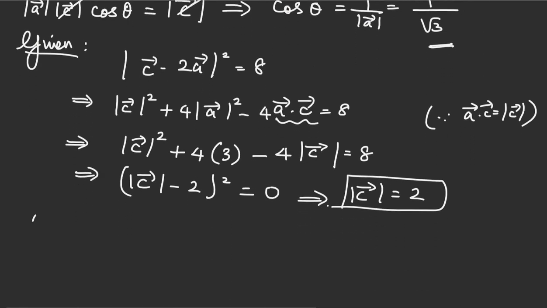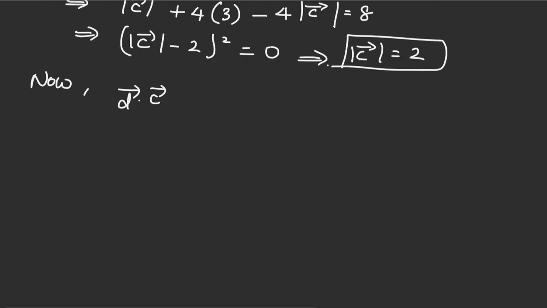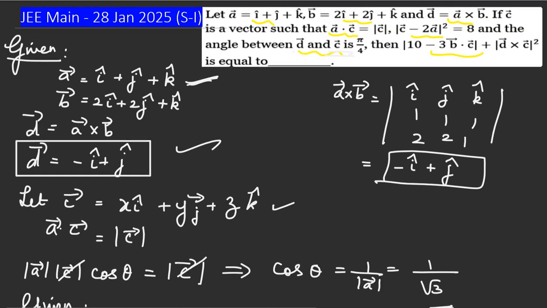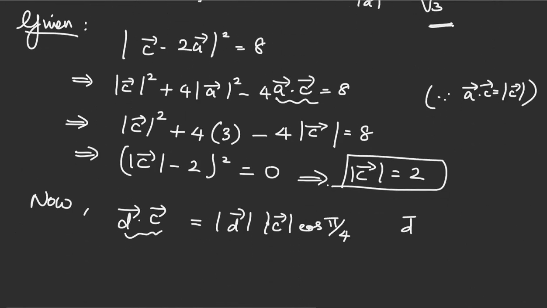Now given again in the question that D vector dot C vector, we find what is D vector dot C vector, which is equal to modulus of D vector times modulus of C vector into cos of the angle between the vectors, which is pi by 4. C I have taken as xi plus yj plus zk. D vector from the question is equal to minus i cap plus j cap.